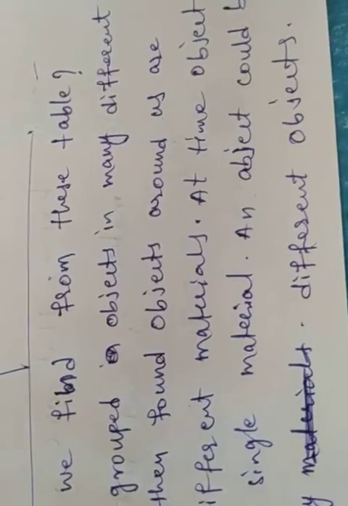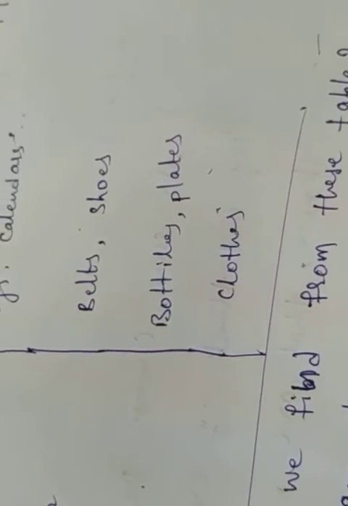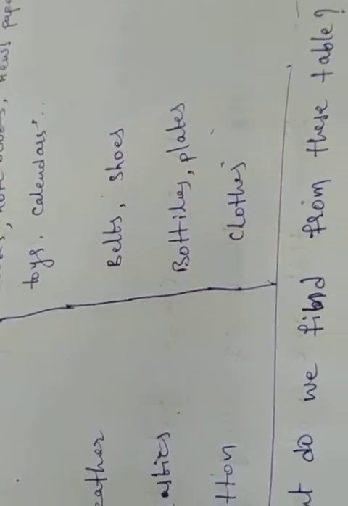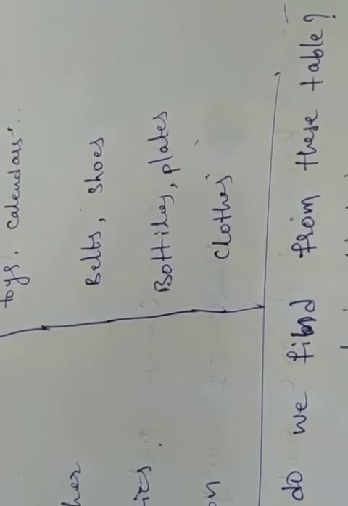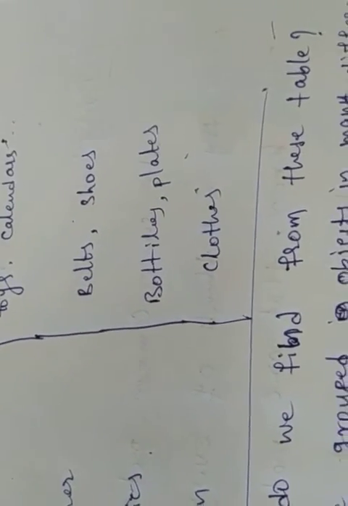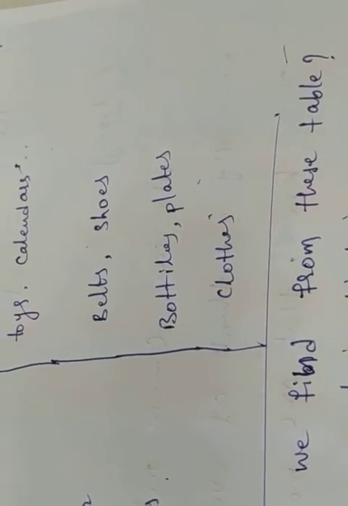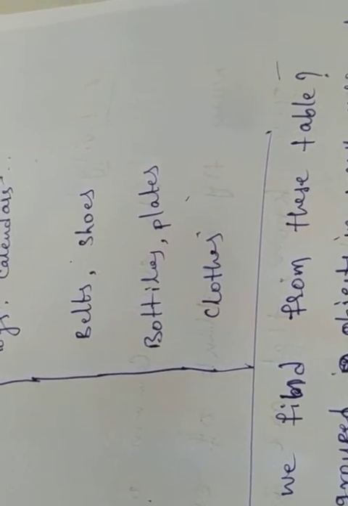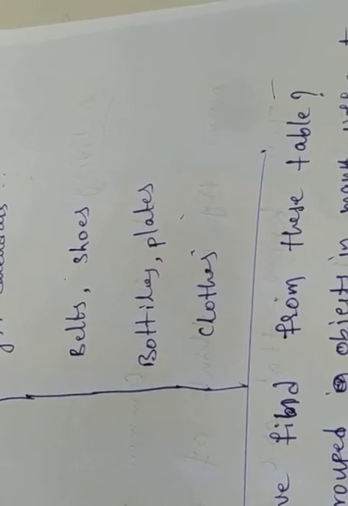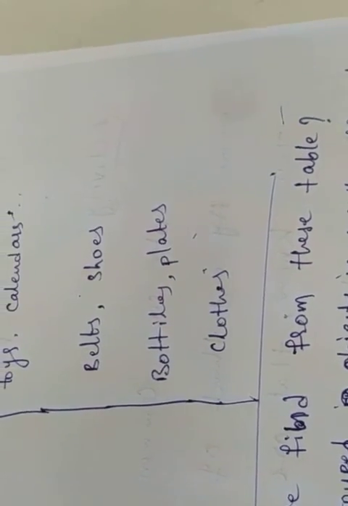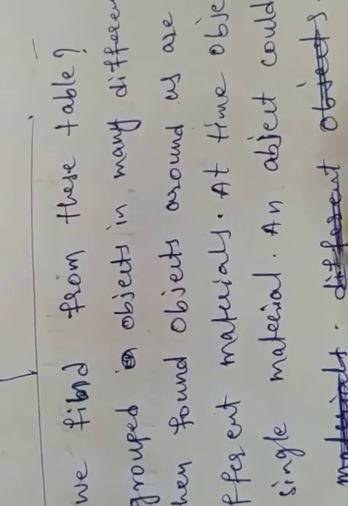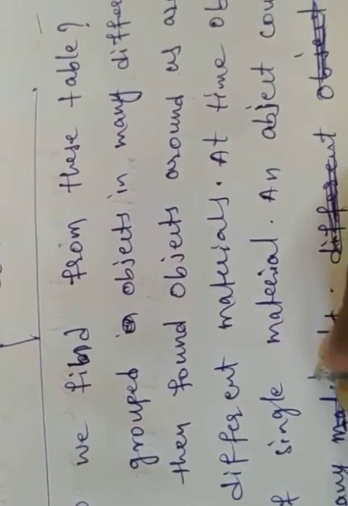Okay, so this is about the different types of objects that are made from the same material. From these two tables, what do we have to understand? Objects and the materials they are made up of.